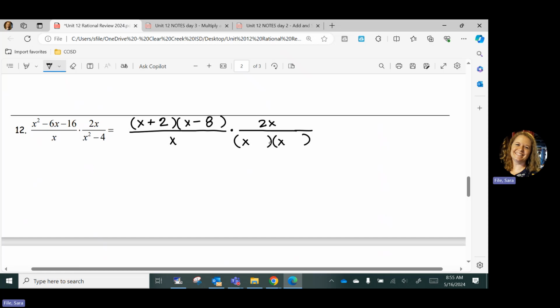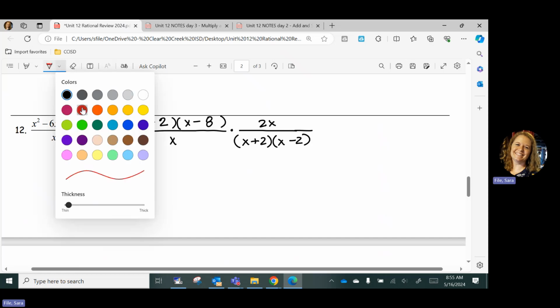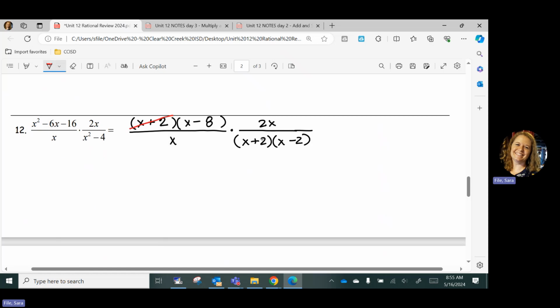Square root of 4 is 2. So it's +2 and -2. All right, so now I'm going to reduce. I see an x plus 2 in both, so that can go. And I see an x in both. That can go. Nothing else is going to reduce.